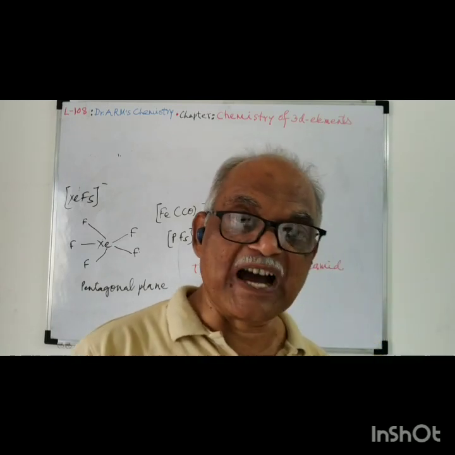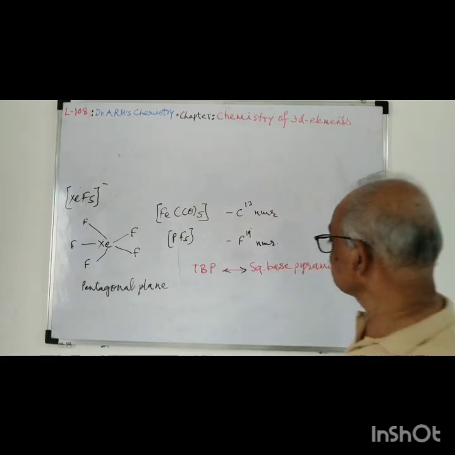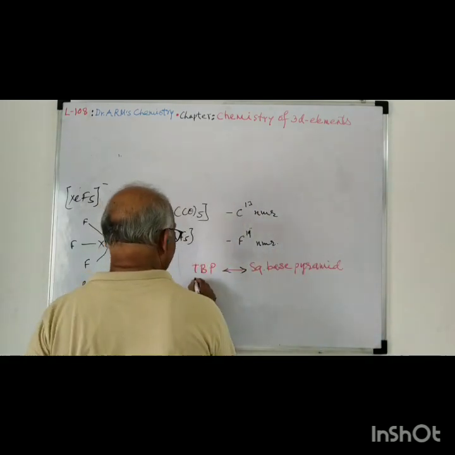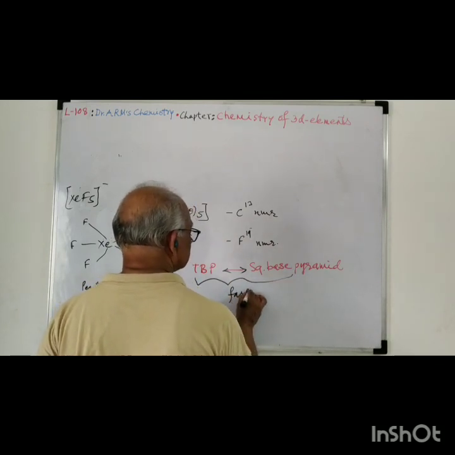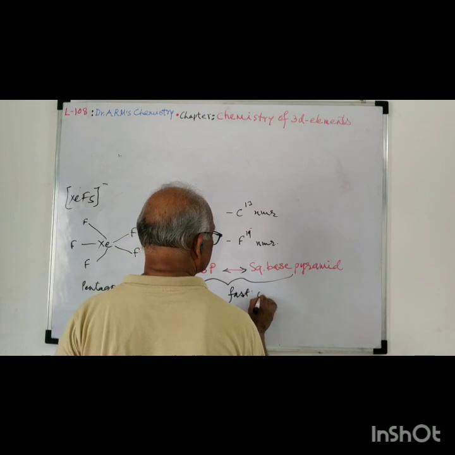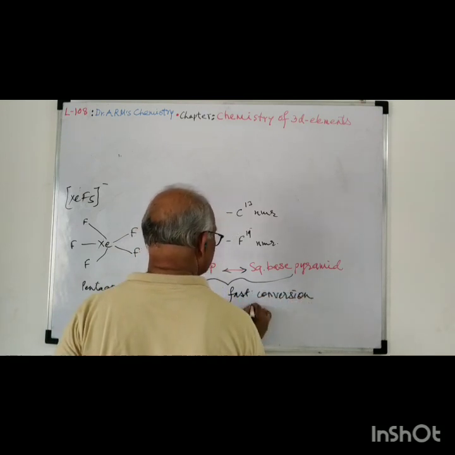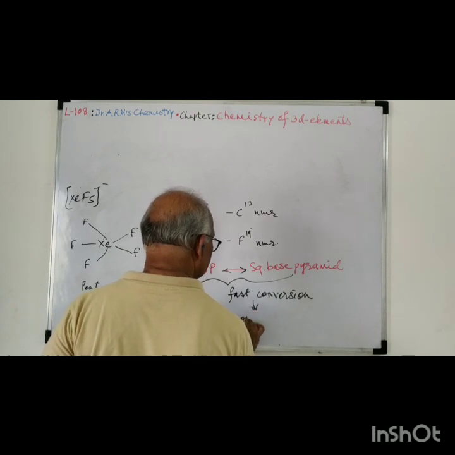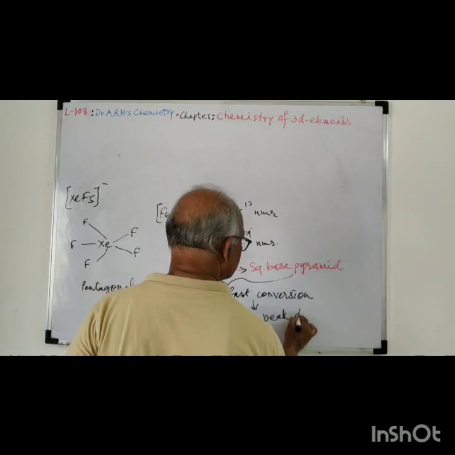when the time is fast, then the spectrum gives only one peak. When the time of conversion is very fast, then it gives only one peak of NMR.